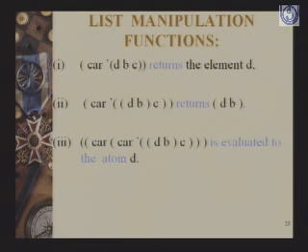Whatever value is returned, in this particular case the list DB, you then again apply car to that returned list. So when DB is returned, car is applied to it and the value D is returned.